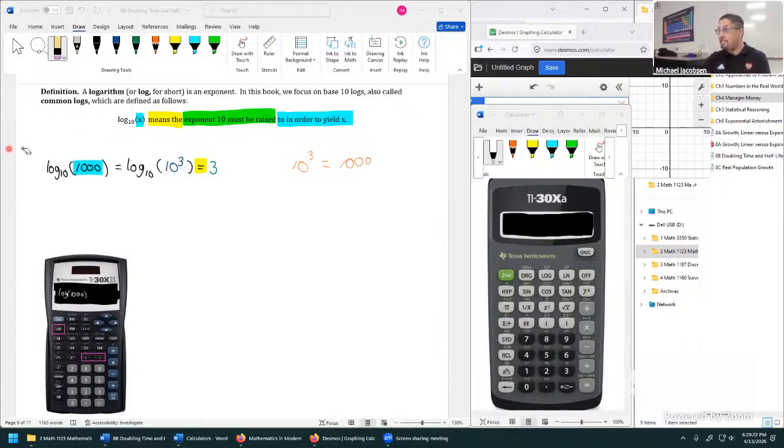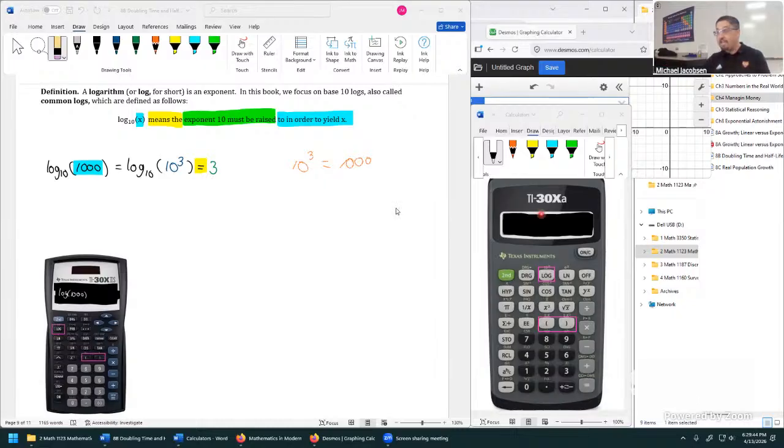We're using very similar keys. We have to use the log key here, and depending on what we're doing, we sometimes have to use the parentheses keys as well, just not for this particular problem. But I'll highlight them nonetheless, just to emphasize they're going to be needed for some of the other problems that we're going to see on the notes.